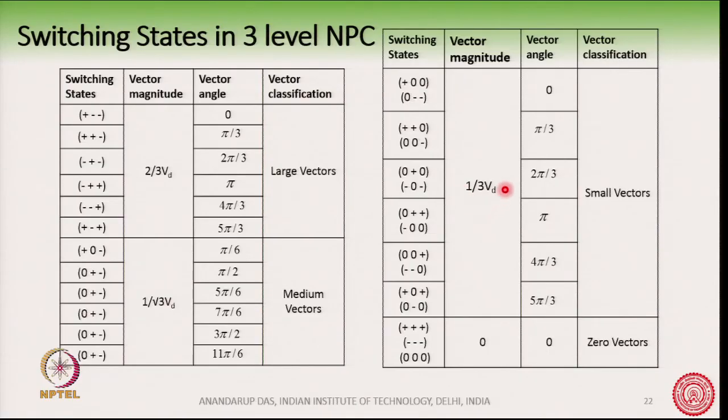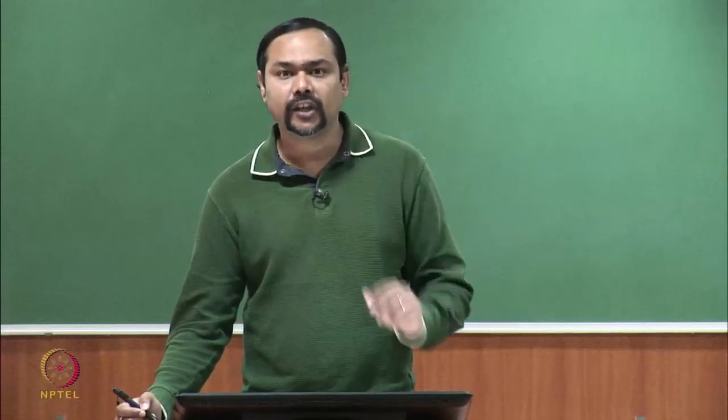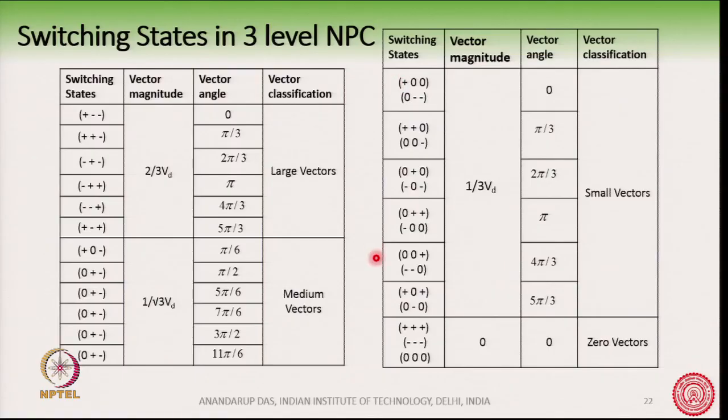Then we have 6 small vectors, having a magnitude of 1/3 Vd, but each of these small vectors has 2 switching state multiplicity. So, 2 switching states produce the same vector, and these are listed here.